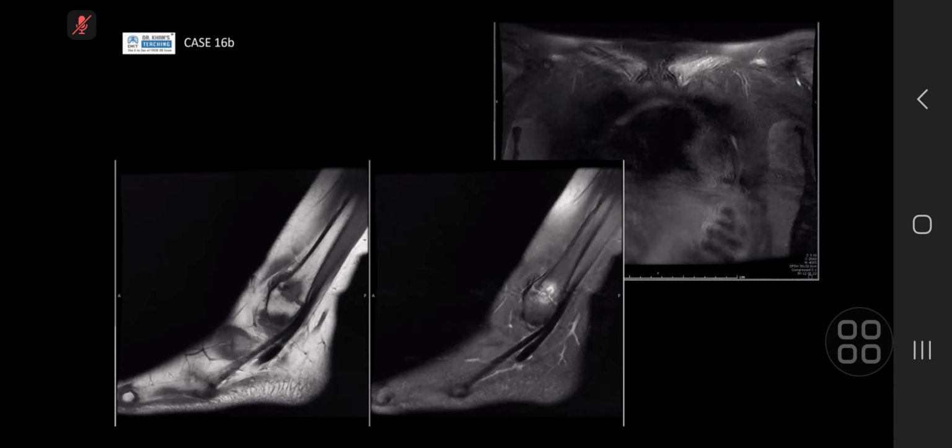Okay. All right. This is an MRI showing bone marrow edema at both medial aspects of the clavicle with soft tissue edema surrounding it. And at the right ankle, there is also bone marrow edema at the physis with a lucency, a little hypointense lesion seen at the physis with surrounding edema.